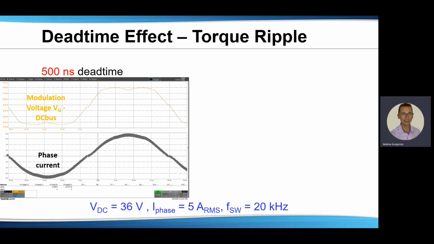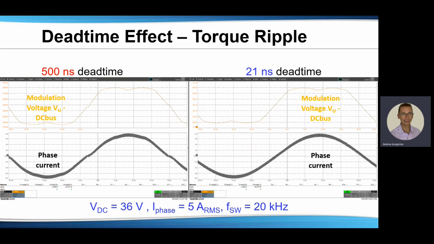These are the typical conditions for a MOSFET-based inverter. Using higher switching frequency for MOSFETs results in higher losses, and the dead time can also not be reduced further due to the MOSFET switching behavior. So next, on the right-hand side, we adjusted the dead time to 21 nanoseconds, which is something that can only be achieved with GaN devices.